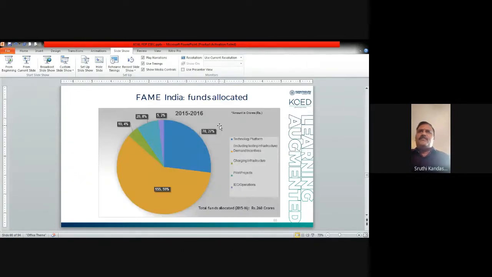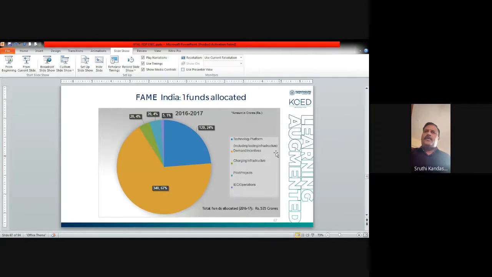Now the FAME India fund allocations. The demand incentives are 15,555. Then the technology platform is 7,024. Then the charging infrastructure is around 10.4 percent.